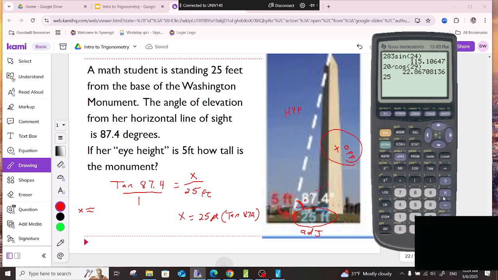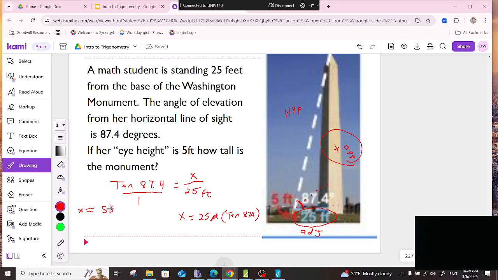So 25 times tangent 87.4. Okay, but that's just from her eye height. So that would be 550.5. But I have to add her eye height because that's just from her eye up. So you have to add that 5 feet also. So the correct answer then would be 555.5 feet.